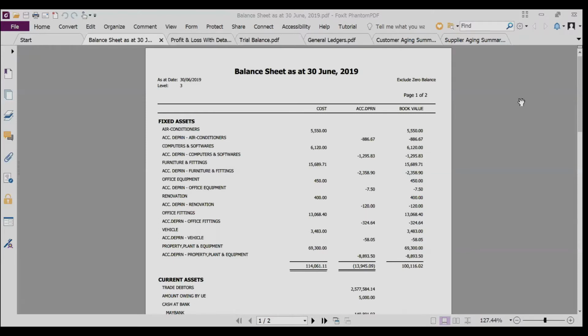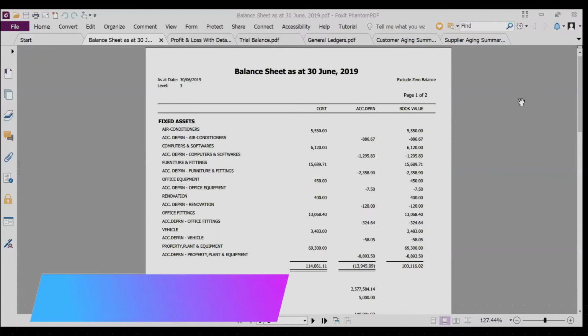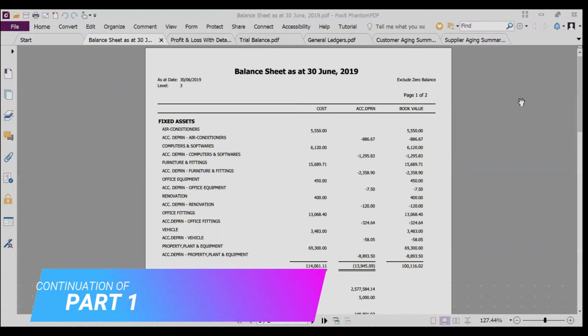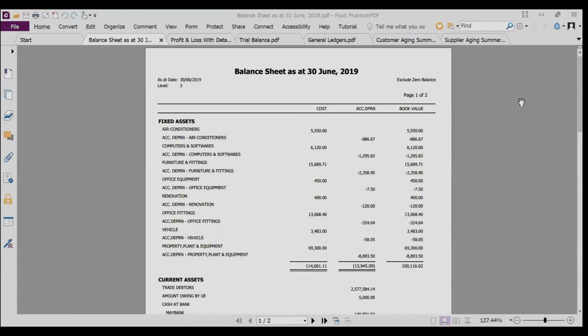Please bear in mind that if you want to know more about the audit, this is a continuation of part 1, so please go back to your part 1 video in order to understand better how to perform the audit itself. Here, I am on the screen where you can see the balance sheet.